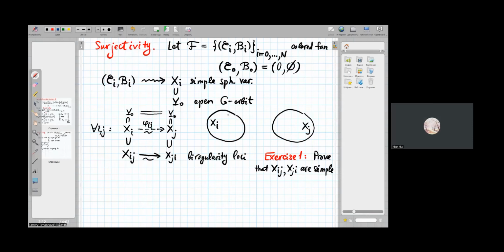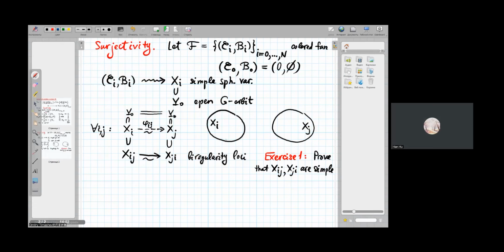I don't mean intersection, I mean Xij and Xji correspond to the intersection of CiBi and CjBj. But well, I don't want to discuss this exercise now. Just try to prove it.